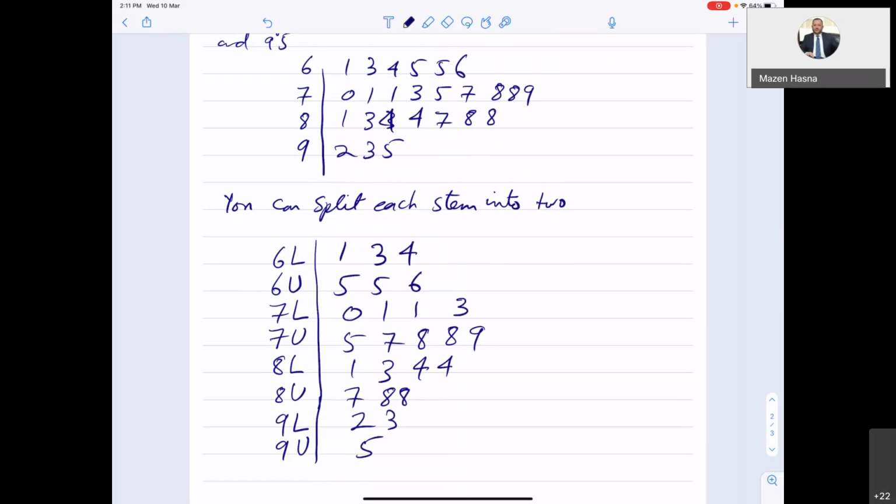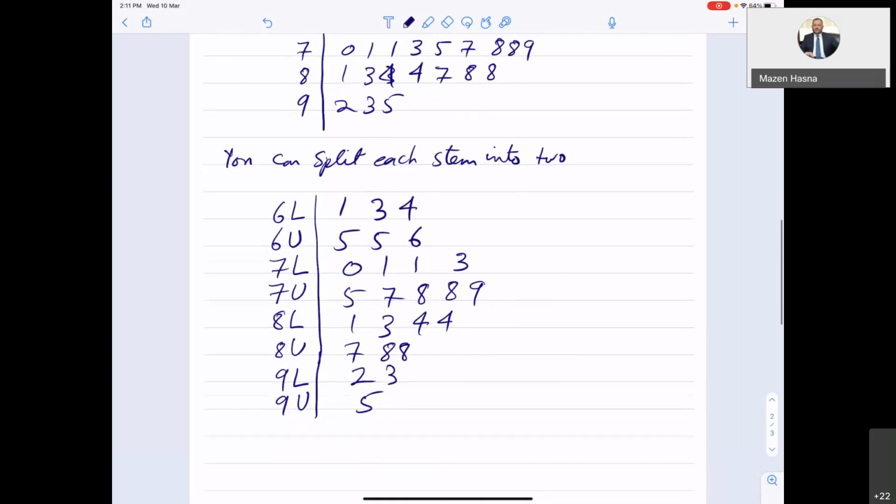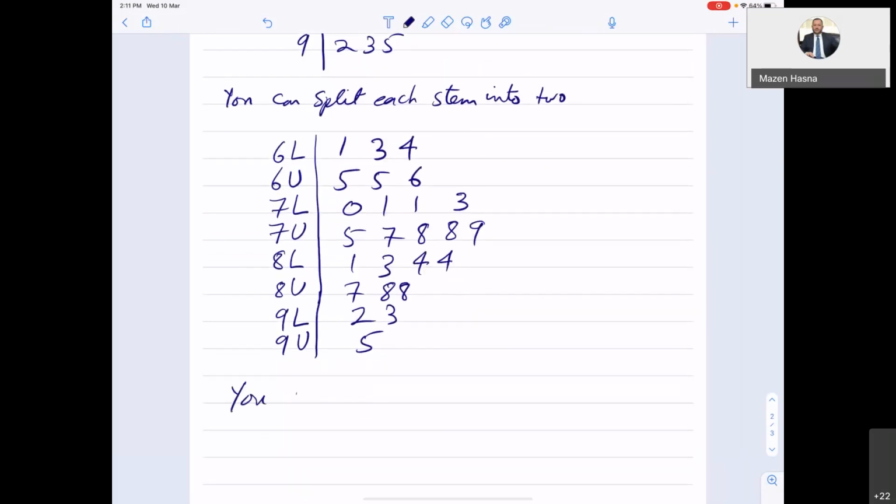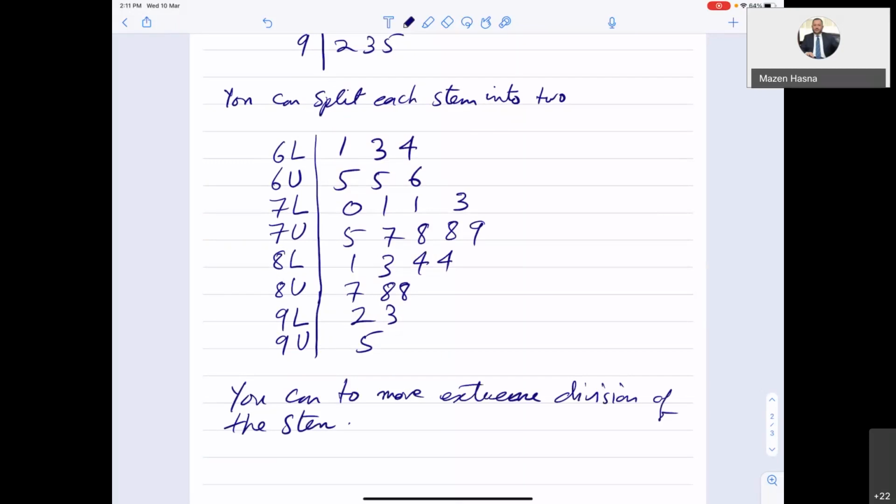Some people go even to more extremes. You can go to a more extreme division of the stem, because as I said, sometimes the data set does not help you to have very well distributed stems.